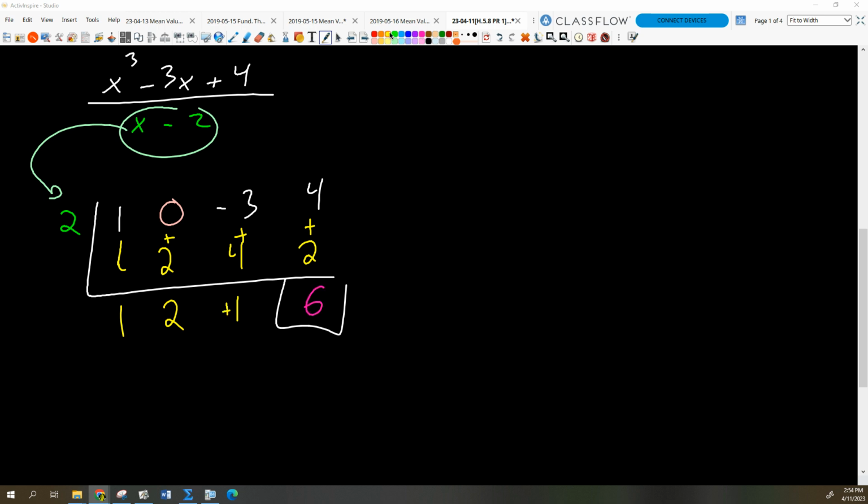That's my constant, that's my coefficient of x, and that's my coefficient of x squared. So this whole thing is equal to x squared plus 2x plus 1 plus what remains over the denominator?